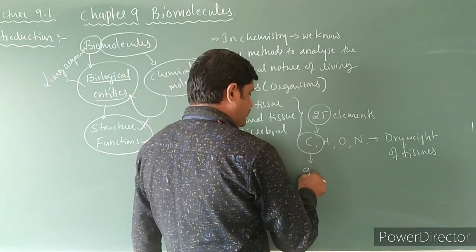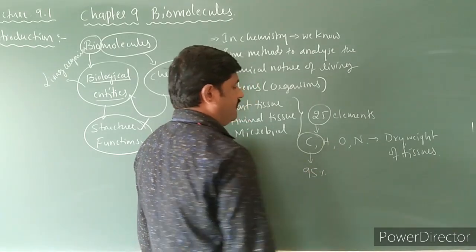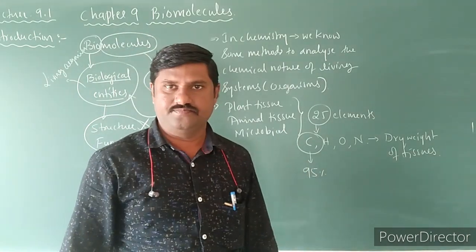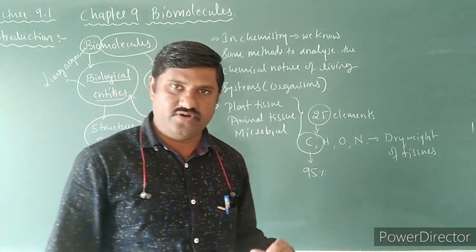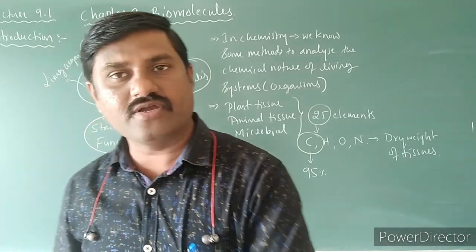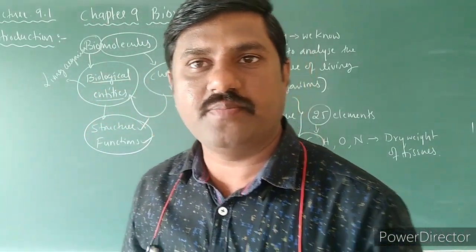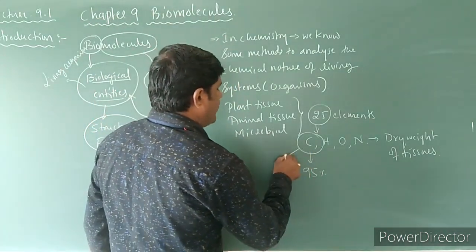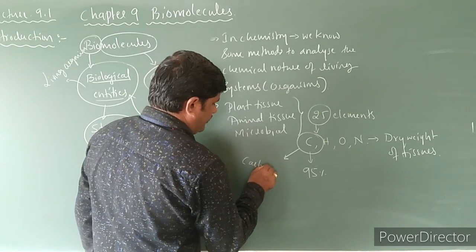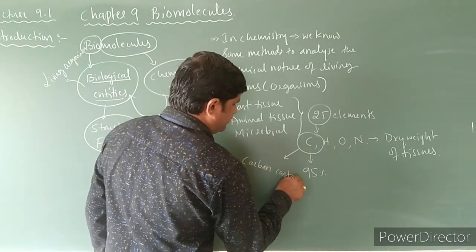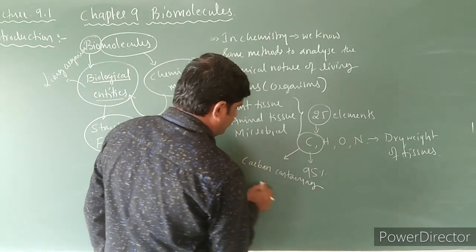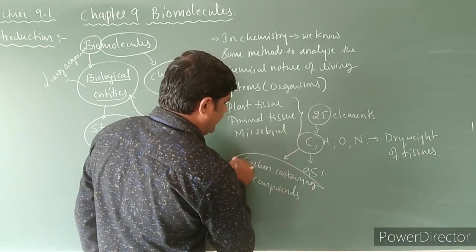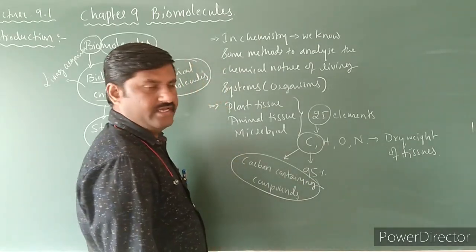So among these, 95% of the living system is made up of carbon. Hence, the entire body of living organisms is made up of organic compounds. Right? It contains carbon containing compounds that make the living systems.